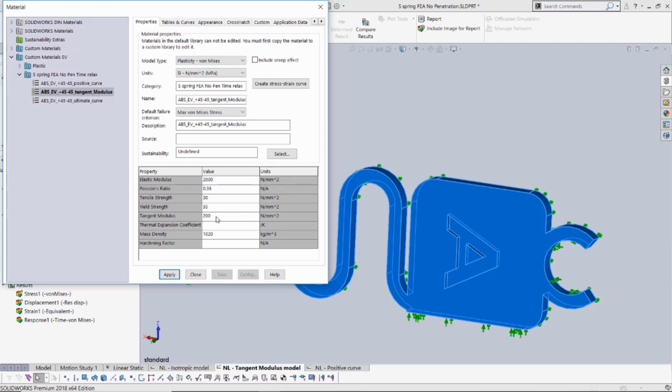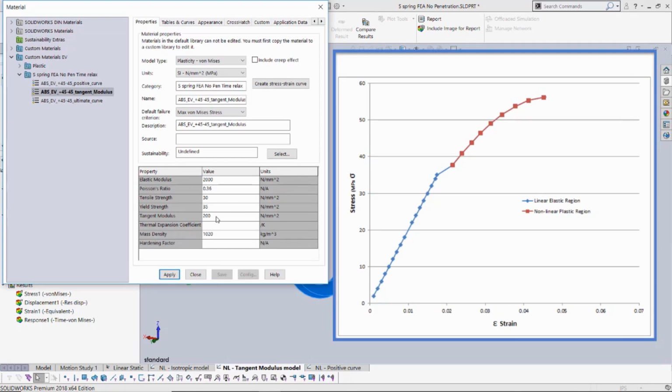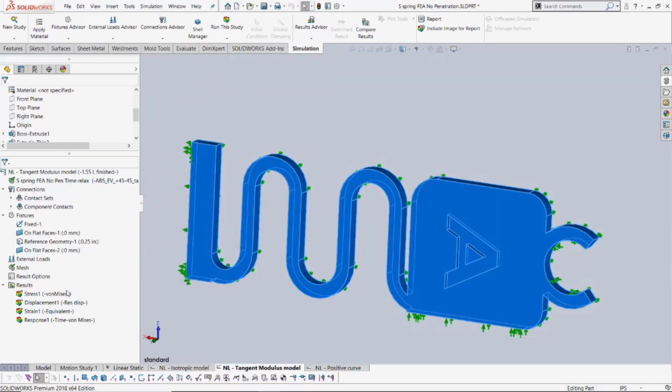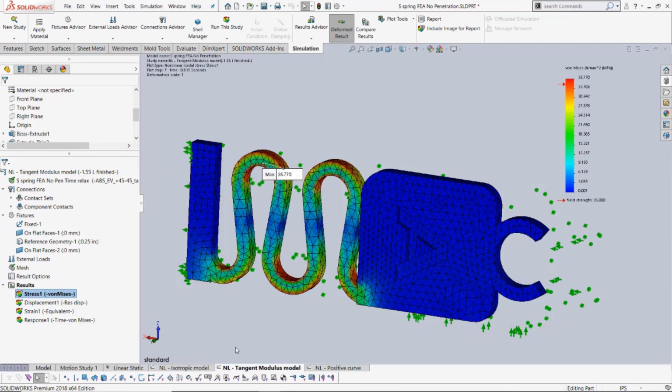What this value does is it allows the solver to assume the material properties past the yield point are driven by a line that starts at the yield point and follows a slope of the tangent modulus. This is usually 10% of the elastic modulus for testing purposes. So if we look at the results here, we have 36 megapascals, significantly lower than the isotropic model.